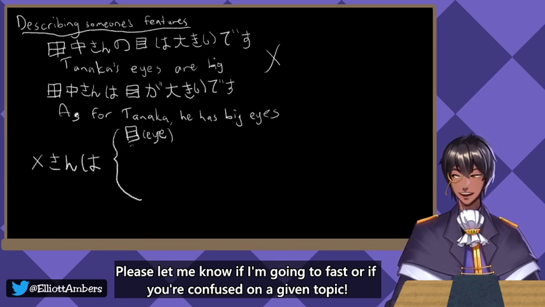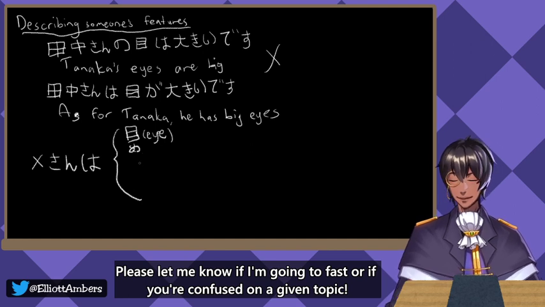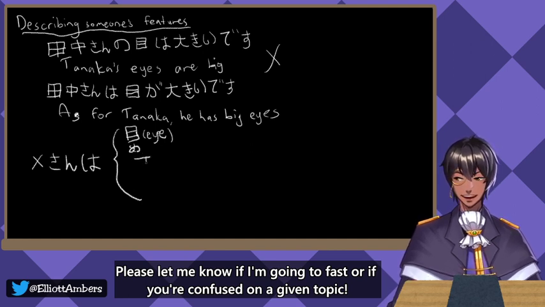I'll give a little bit of a mini lesson here, a little bit of a kanji refresher. Ne for eye. We could talk about ears. We could say ears or mimi. Ear. This is mimi.